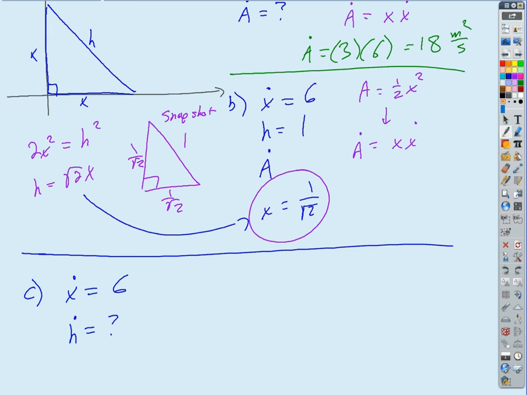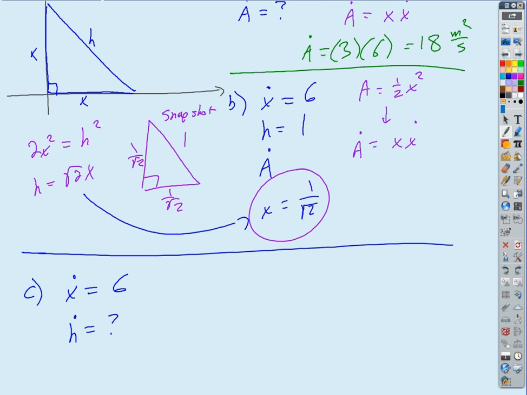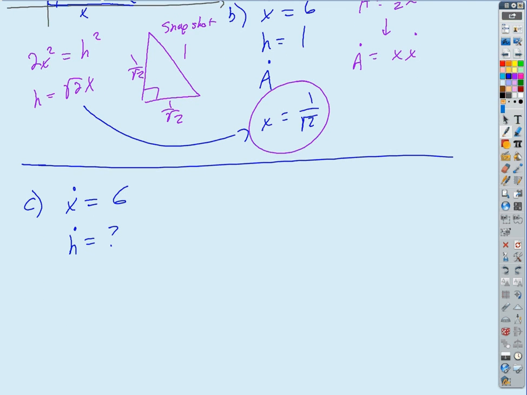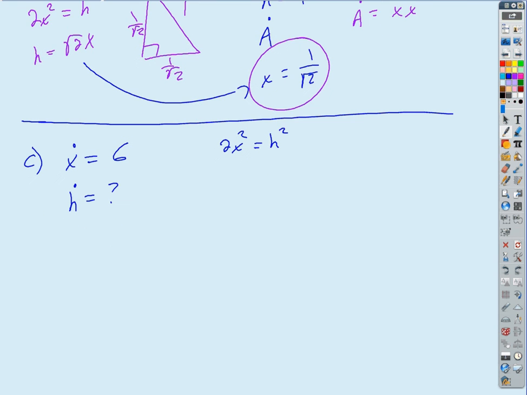Because the equation that relates x's and h's is not the area. We don't want to introduce some other variable that we don't need, right? So our parent function here is going to be the Pythagorean theorem. So we get 2x squared equals h squared, right?